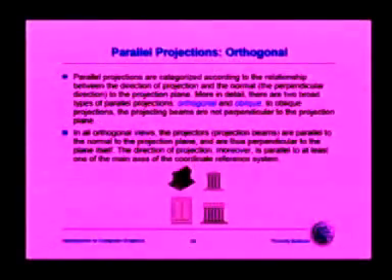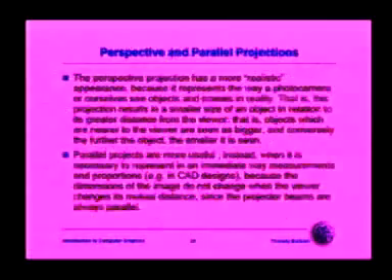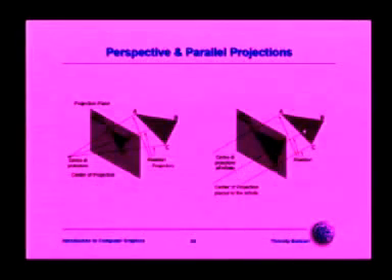Also, parallel projections have 2 basic types, orthogonal and oblique. Orthogonal parallel projections are projections in which the projectors are orthogonal to the viewing plane. Oblique parallel projections are projections in which the projectors are not orthogonal to the viewing plane. So, this one is an orthogonal parallel projection.